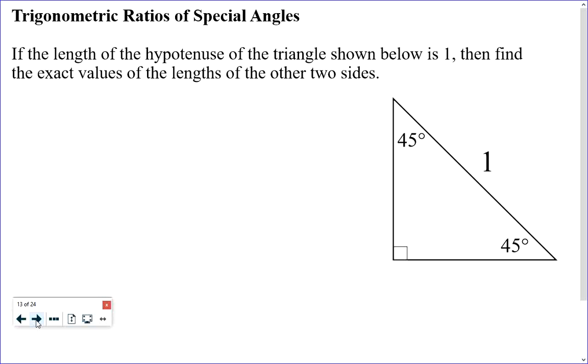Well, first of all, I hope you recognize that the other two sides are equal in length. They're equal in length because if those two angles are each 45, then this is what you call an isosceles triangle, which means the two sides other than the hypotenuse are equal. So these two sides are the same.